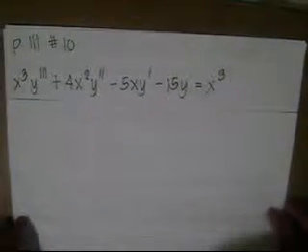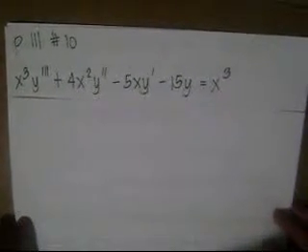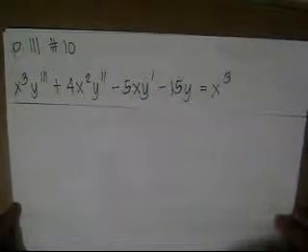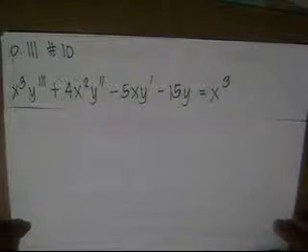The next problem is found on page 111, number 10. This is an example of an Euler differential equation: x cubed y''' + 4x squared y'' - 5x y' - 15y = x cubed.